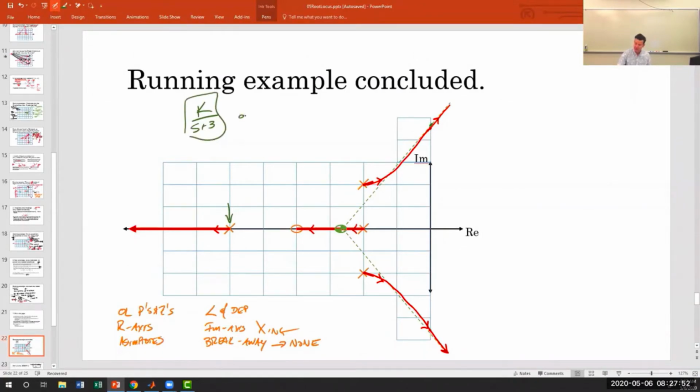So if we had another controller on the shelf that we could use that had something like this, then actually what I'd like you to be able to do by the end of this unit is predict how the root locus will change if we swap from one to the other. We're still varying the open loop gain, but now we're changing one of the open loop pole locations. And that, honestly, is why we still teach root locus, is for you to get the instinct to be able to predict how a given root locus diagram will change if I change some of the parameters.